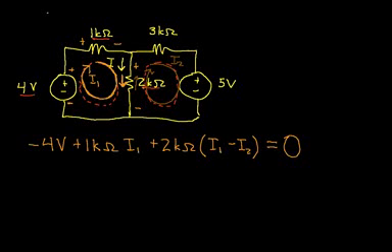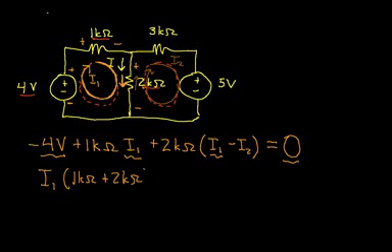And we can rearrange this a little bit. We can factor out an I1 and move the negative 4 volts over to this side. And we get then I1 times (1K ohm plus 2K ohms) minus I2 times 2K ohms is equal to 4 volts.